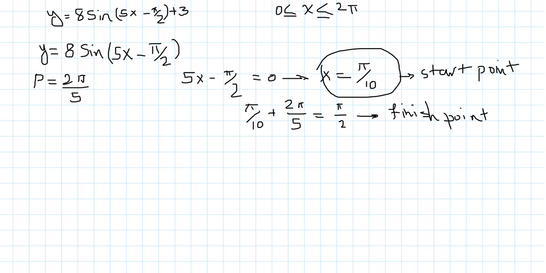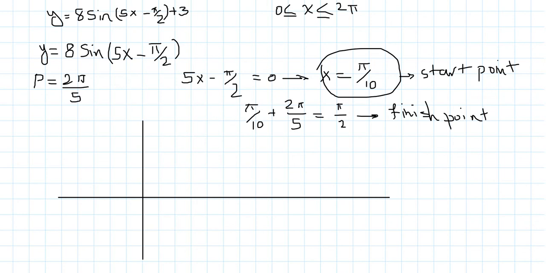So I will have a graph, and I know the whole shape of a sine. Okay, so I start at pi over 10 here, and I finish at pi over 2. So before solving it, we say y equals 0.